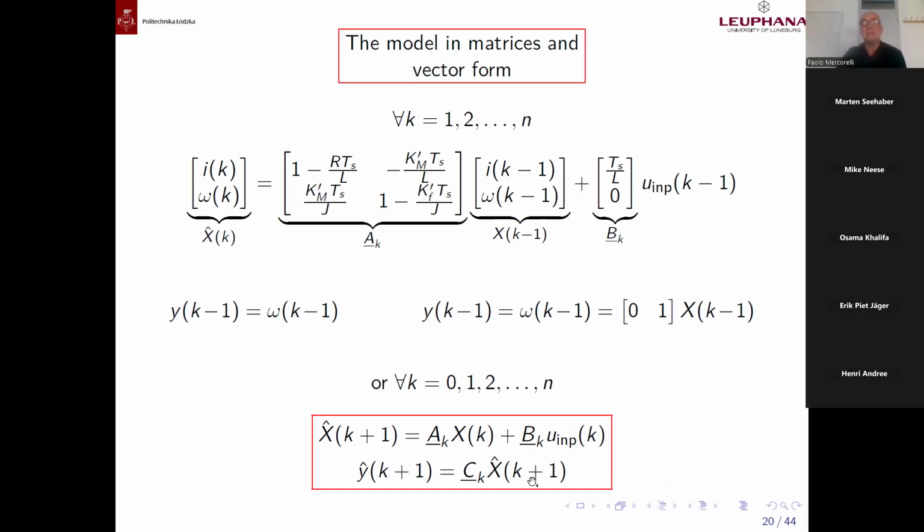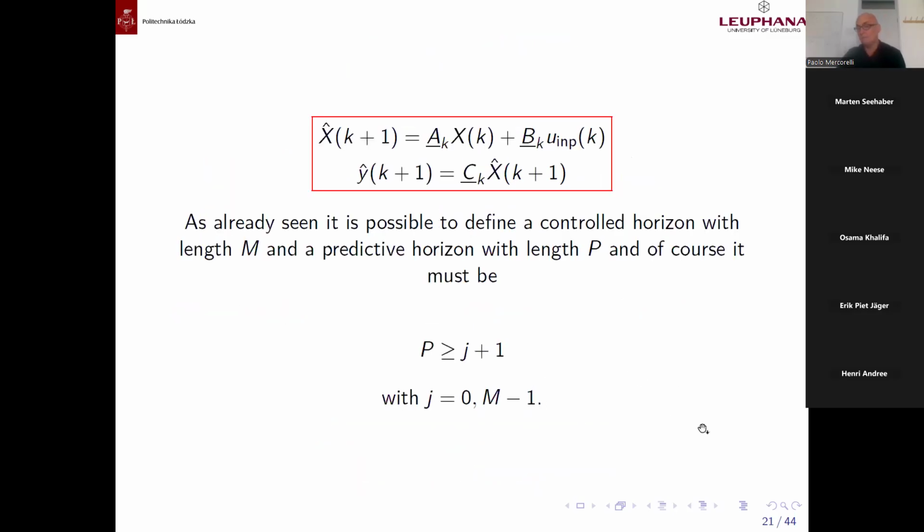And then I can calculate my output using this equation here, considering, for instance, omega as output, or considering a different output, for instance, the current. If you consider the current as an output, we have here this matrix C, which is [1, 0]. Yeah, I repeat it again.